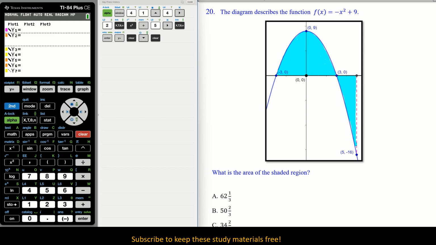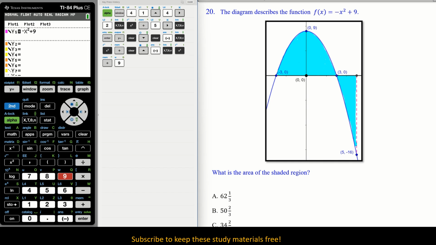Okay, so let's put in negative x squared, plus 9. Let's go back up to 1. Not that it matters, but I wanted that brighter color. It looks better on the video. It shows up better. So negative x squared, then plus the 9.